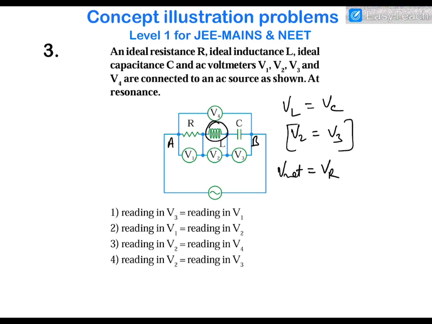So we can say that V4 will be equal to V net, and at resonance the net voltage is always occurring across the resistance, so V net will be equal to V1. Okay, so this is the important thing, and obviously the correct option will be option number 4, because this option is not mentioned in the question anywhere. So the only correct option is 4th. Now we move on to the next question.